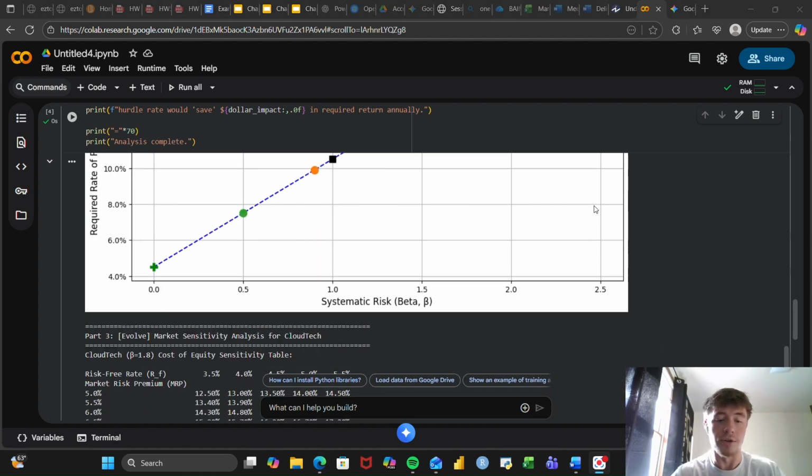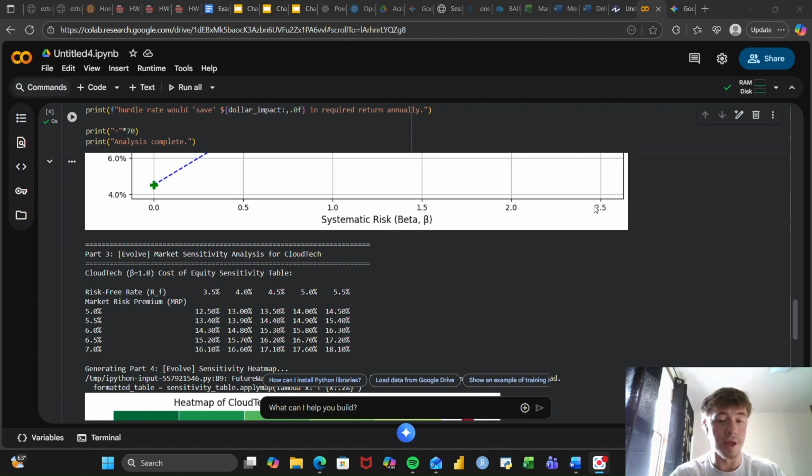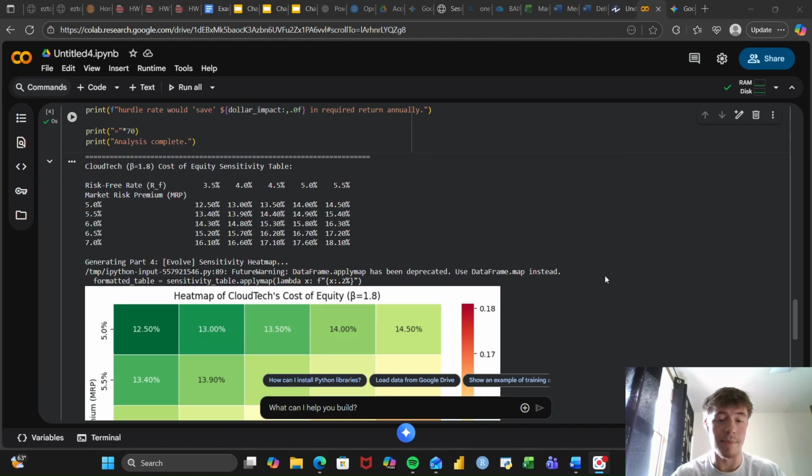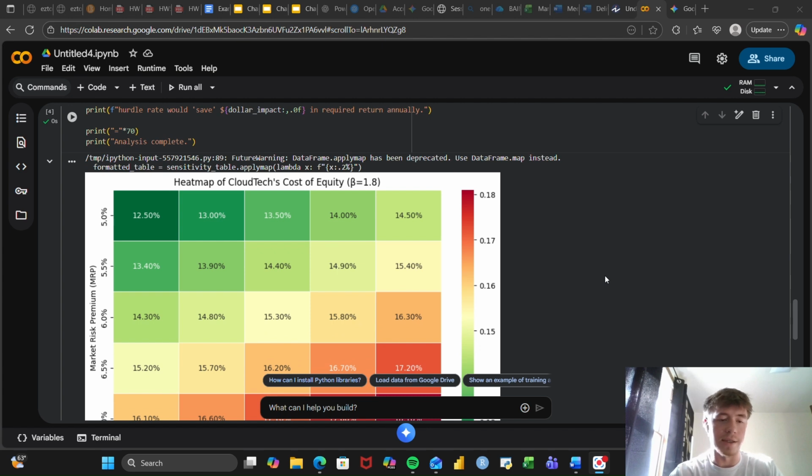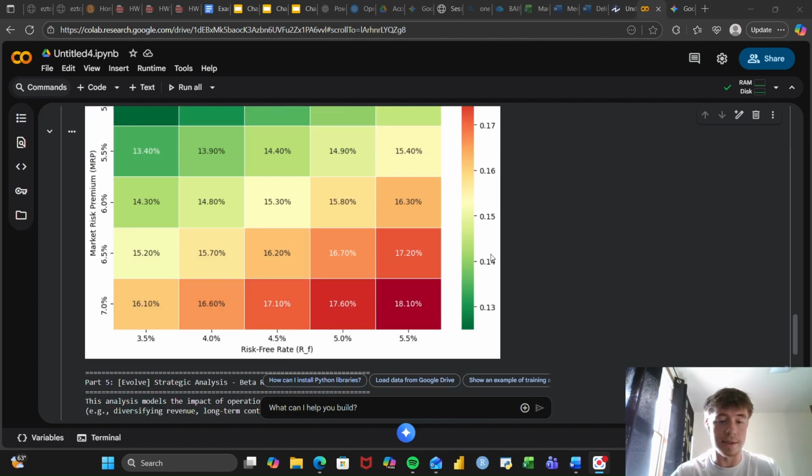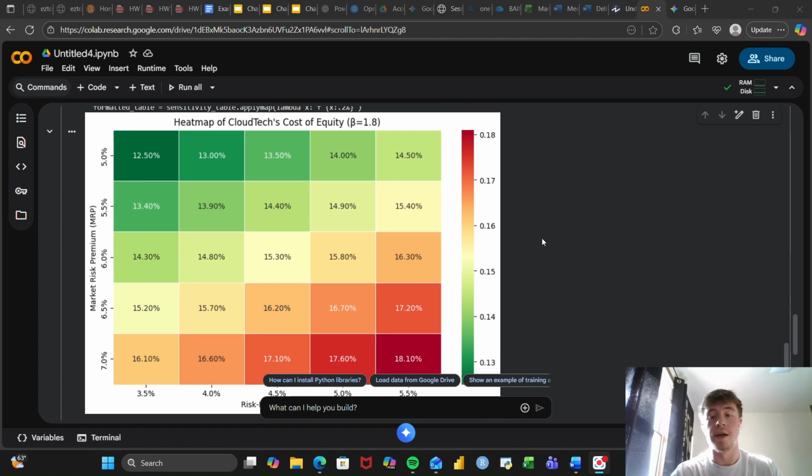Moving on to the evolve stage, I had my Python code generate a heat map to look at the different required rate of returns based on the risk premium as well as the risk-free rate changing, because all of these things are just assumptions.